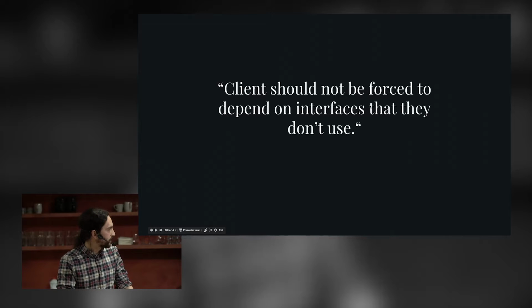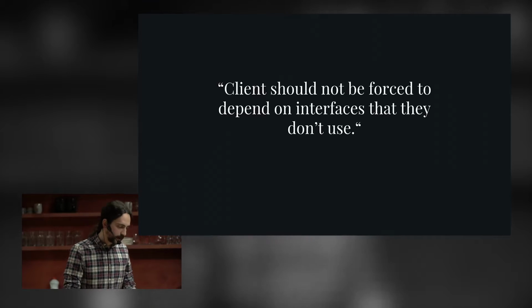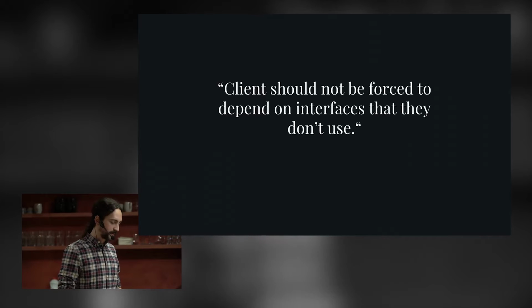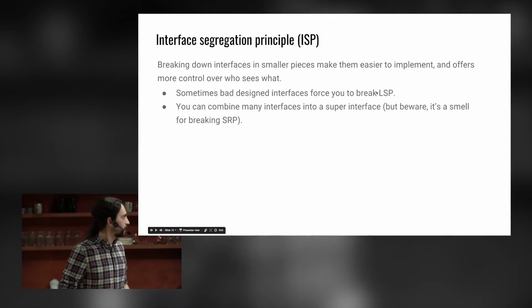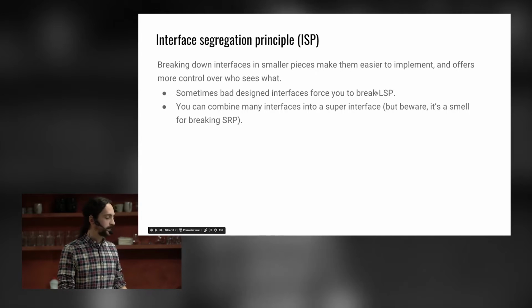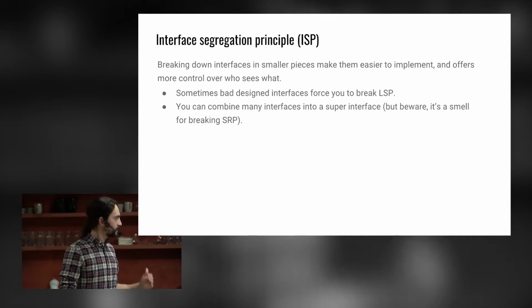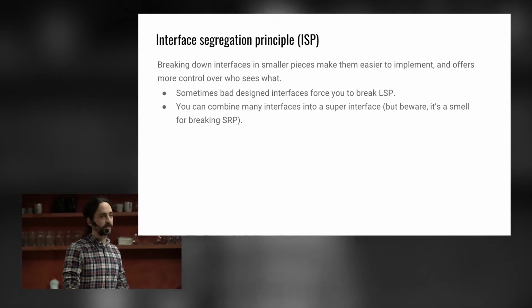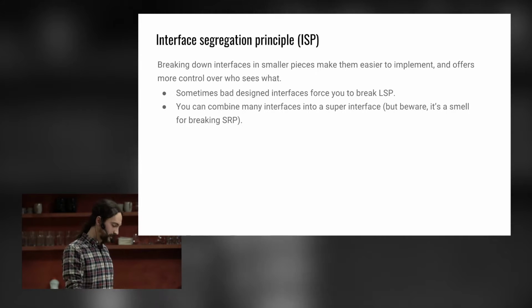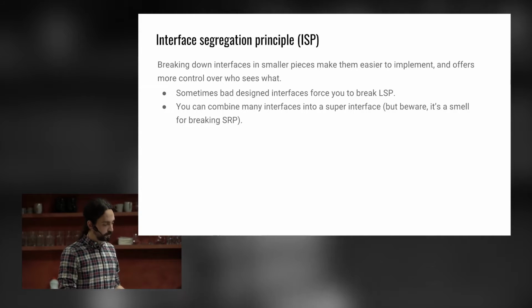Okay, this is interface segregation, and it says that a client should not be forced to depend on interfaces that they don't use. And generally, it's a good idea to break up interfaces into smaller ones because it's easier to implement them. And as I said before, it's good to have mental clarity. If you have small interfaces, then it's easier to see what it does.